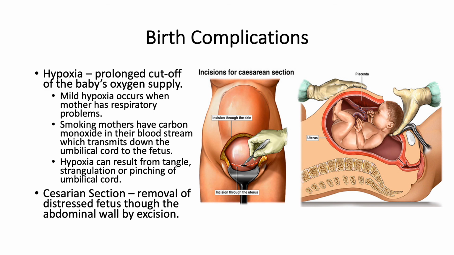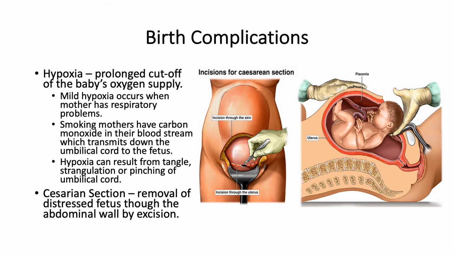And what they can do if the baby winds up in distress, which can be signaled by meconium staining, which is when the baby's bowel empties into the amniotic fluid, or if the mom comes into some kind of a crisis, she has a seizure, or she starts to have what's called bradycardia, where her heart develops a really slow rhythm. She starts to have circulation problems, or her blood pressure drops, or she gets signs of toxic shock or high blood pressure, then they can elect to do a cesarean.